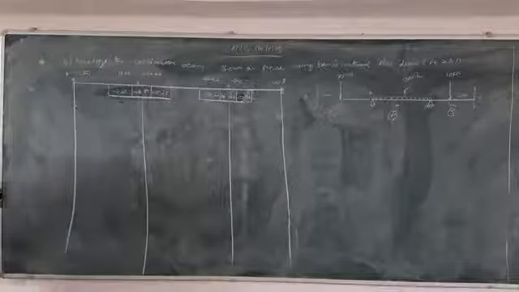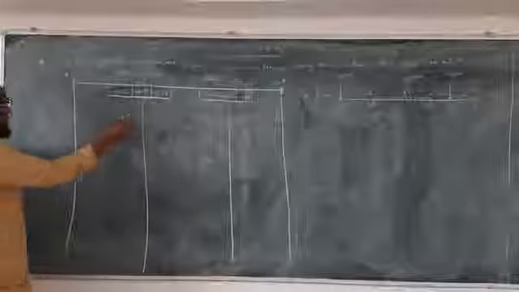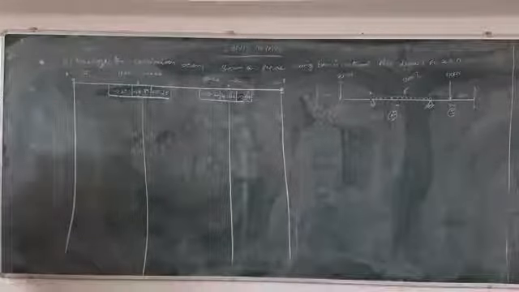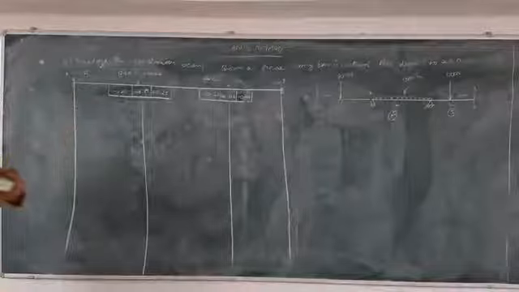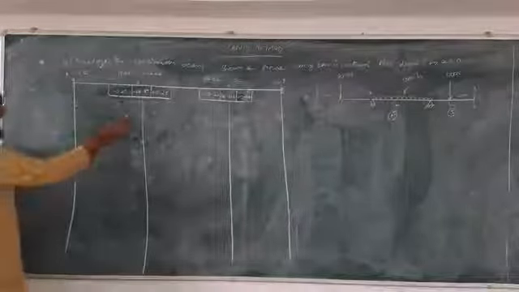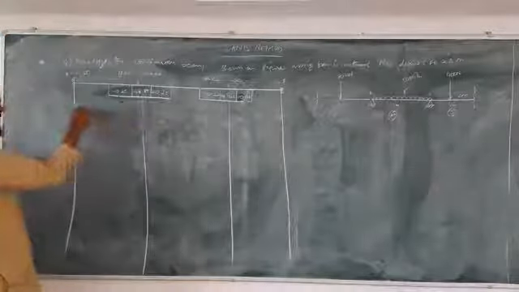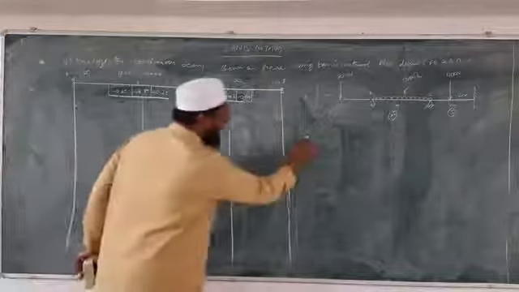To calculate these two values, I will move back. What is the value here? 0. Why have I written 0 there? Because it is a fixed end. I'm repeating again, I am moving back to the previous value, that is 0. I will write here 0.